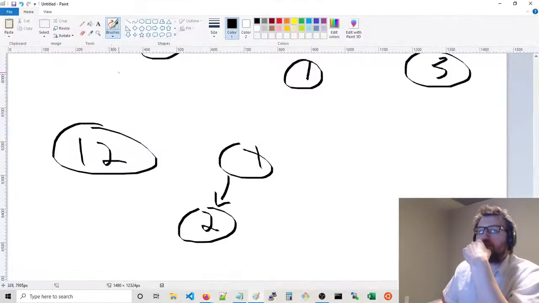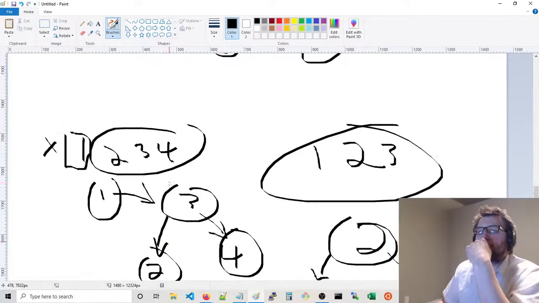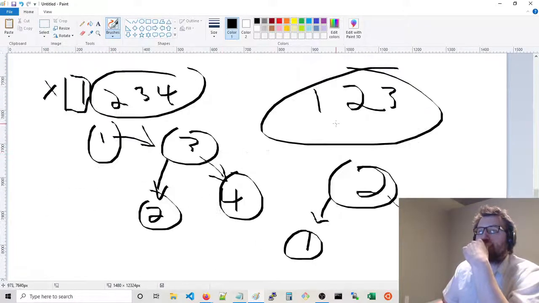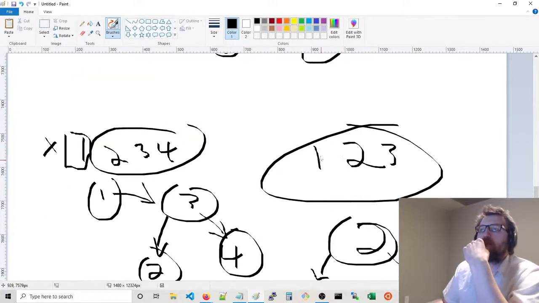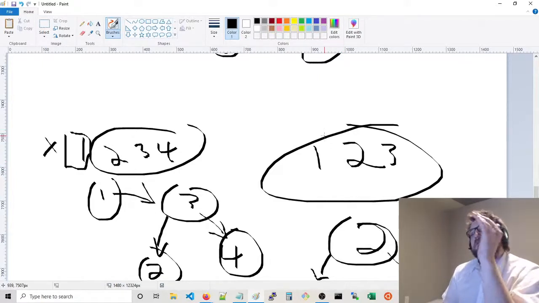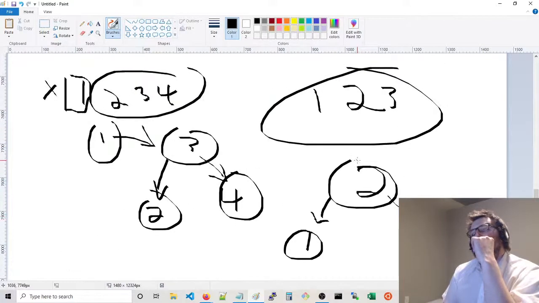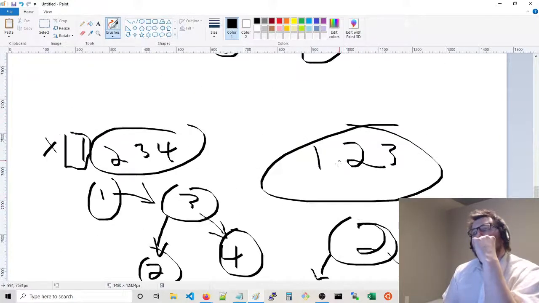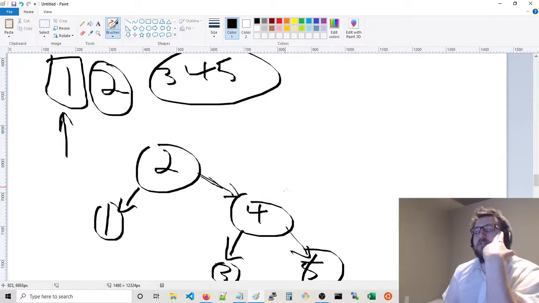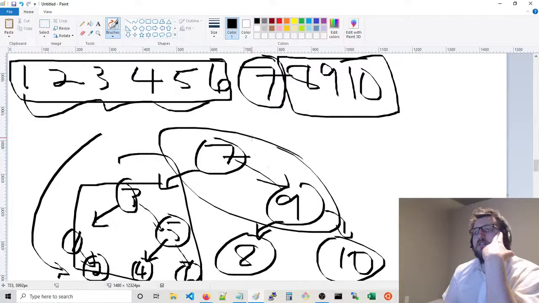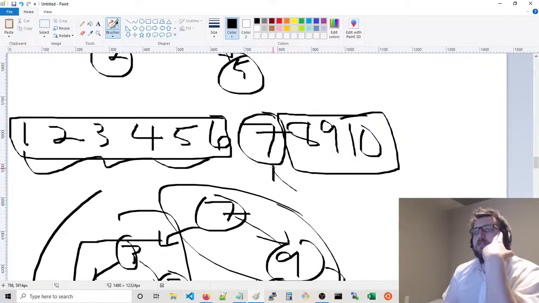So there's three more elements. What you're going to do is take those 3 elements, put them to the right side, and really what you're going to do is make the root node the 4th element.